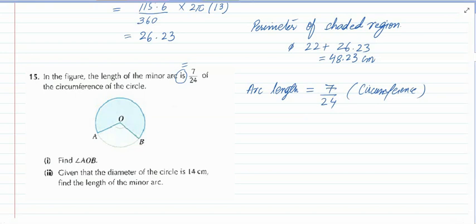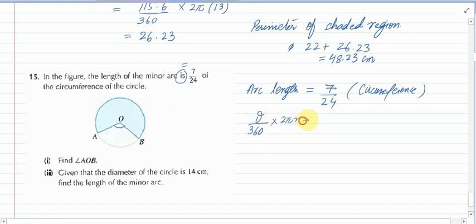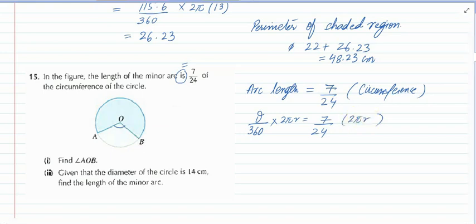You need to find the angle AOB, right? So what is the arc length working formula? It says angle divided by 360 multiplied by 2 pi r is equal to 7 divided by 24. The circumference of a circle working formula is 2 pi r, right?